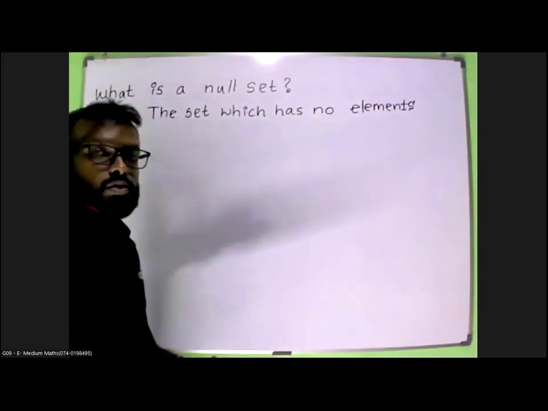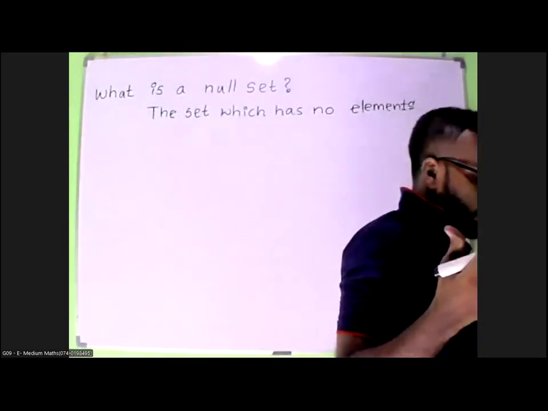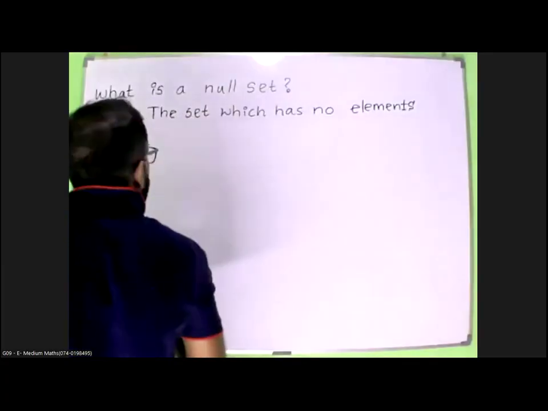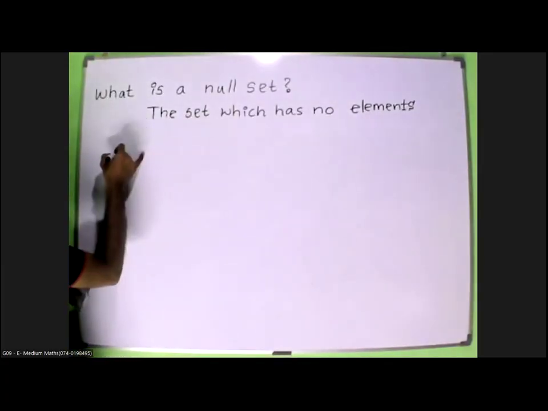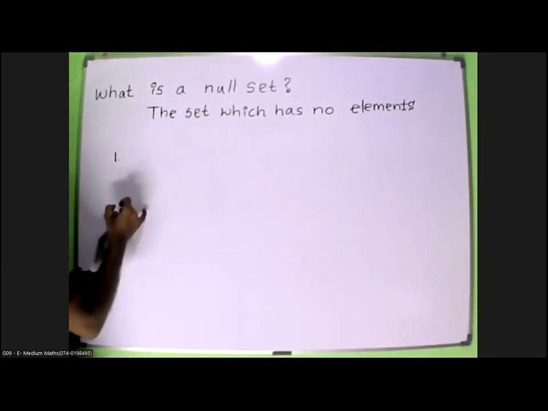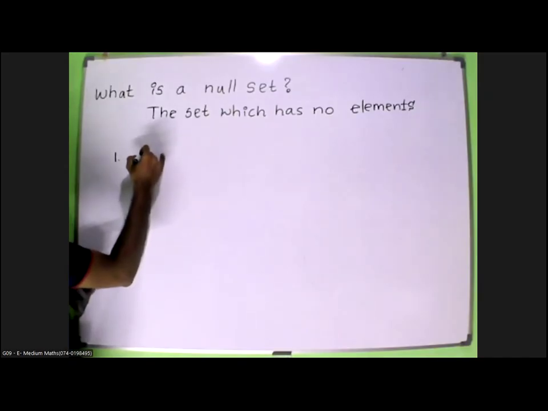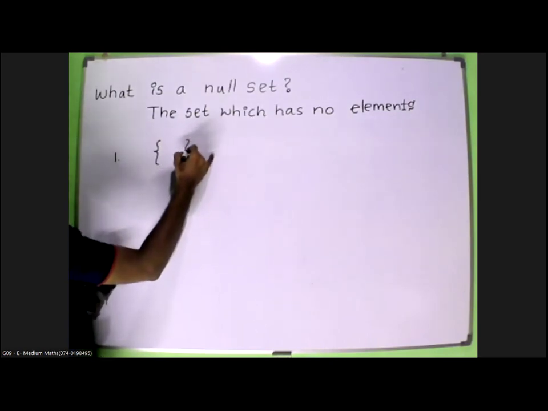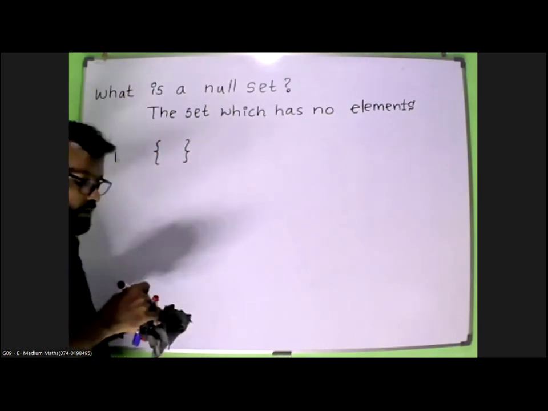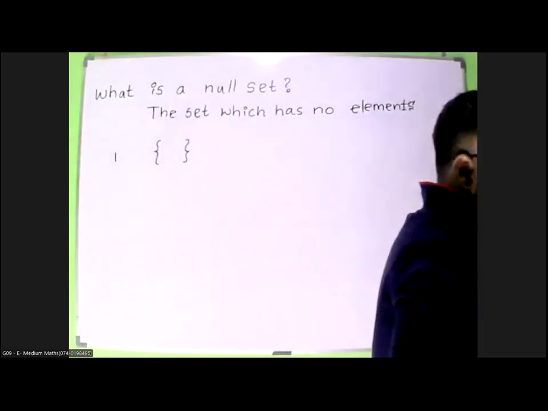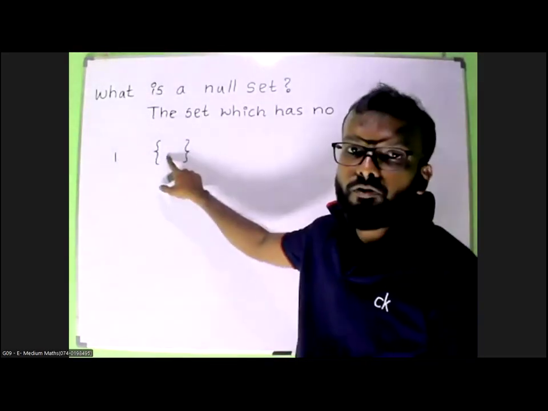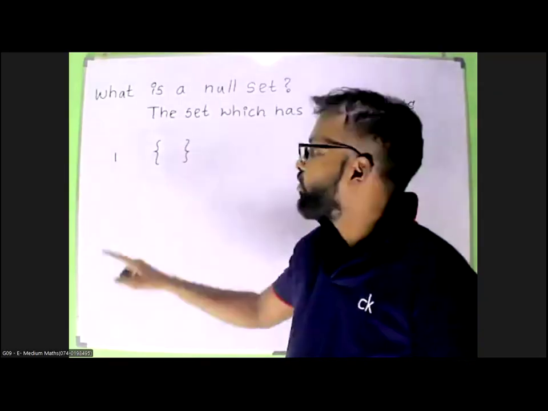There are a few ways to represent a null set. The first way is you can represent a null set by using empty curly brackets, because the number of elements is 0.